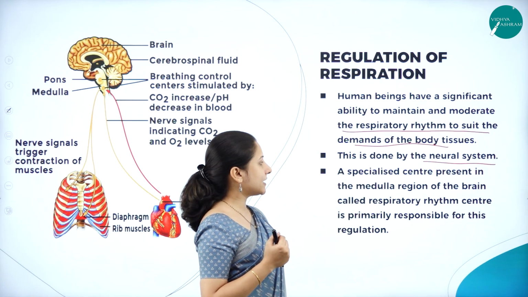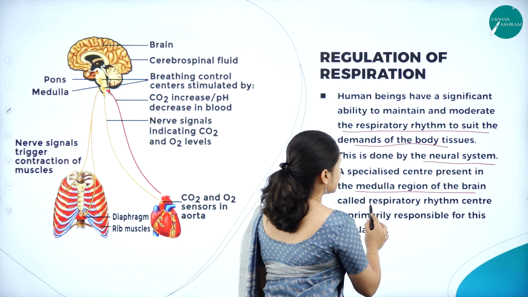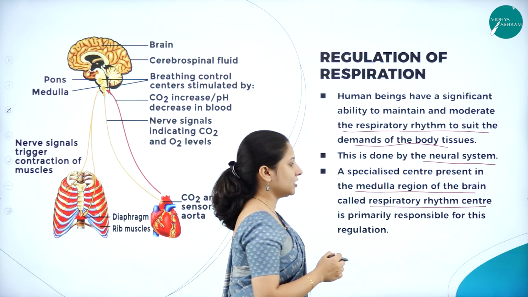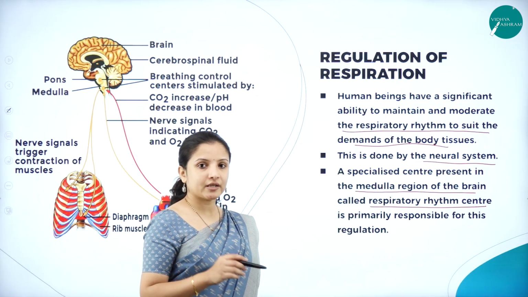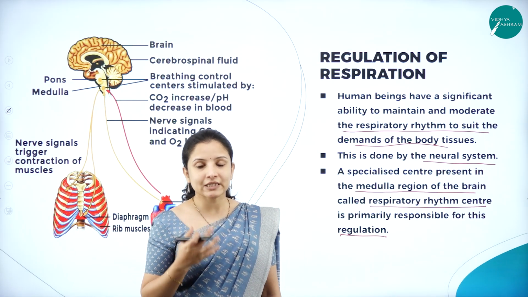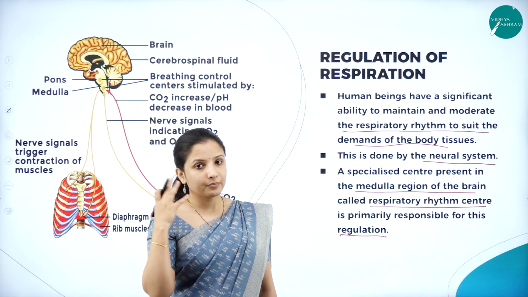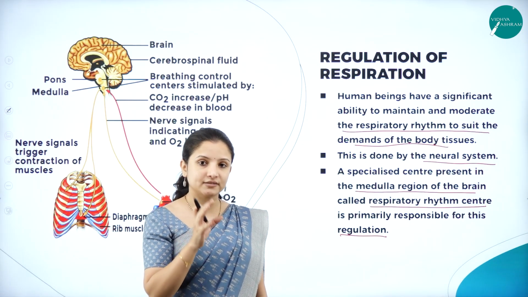So, a specialized center present in the medulla region of the brain, which is called the respiratory rhythm center, is the one that is actually responsible for the regulation. They belong to the central nervous system, right? The brain, the spinal cord and all that. In our brain, there is a region called the medulla.